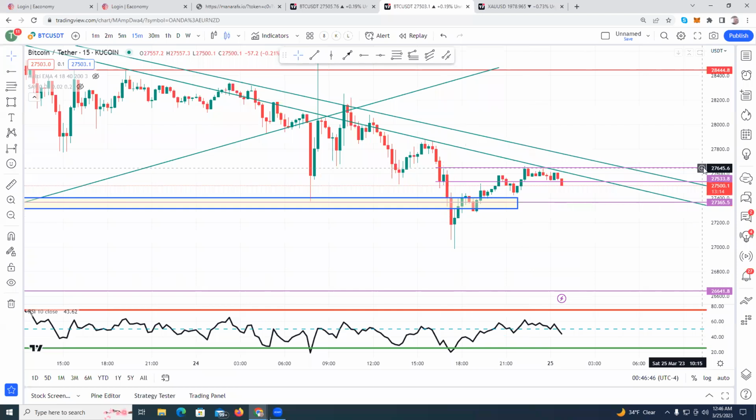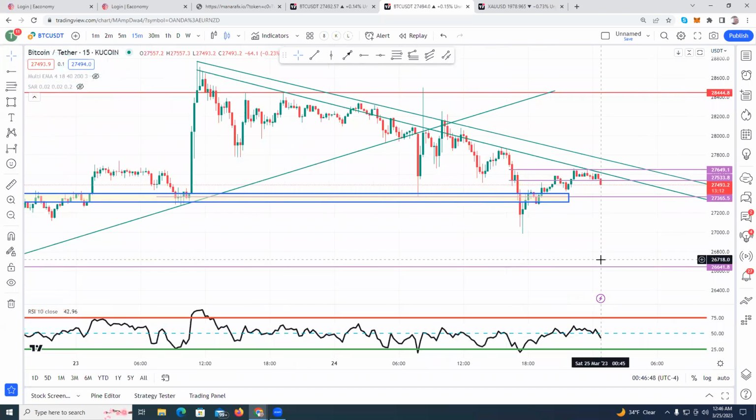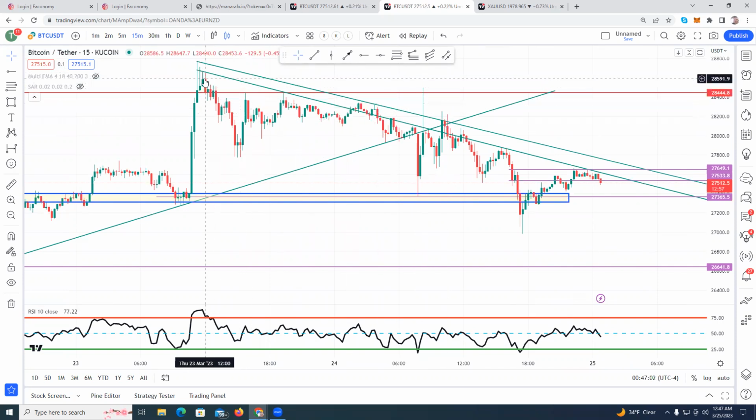So if we're in a downtrend, then everything in a downtrend takes into consideration lower highs and lower lows, right? If this was our previous high, are we getting lower highs? So this is our swing high, and then we have one consecutive lower high, and then another lower high, and another lower high, and then we have this low, not a lower low.